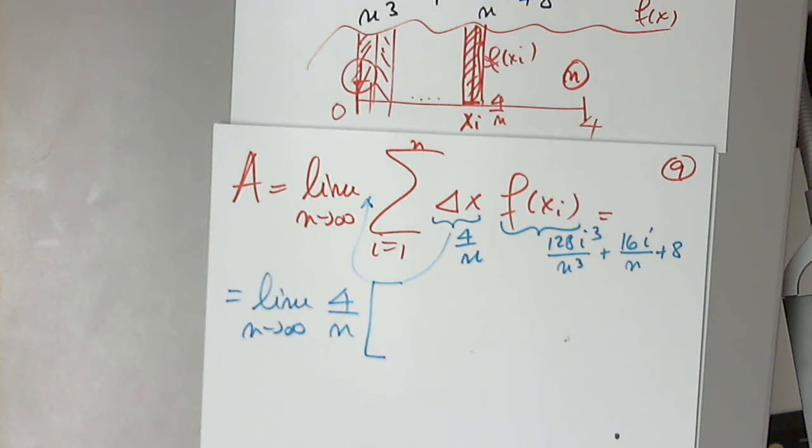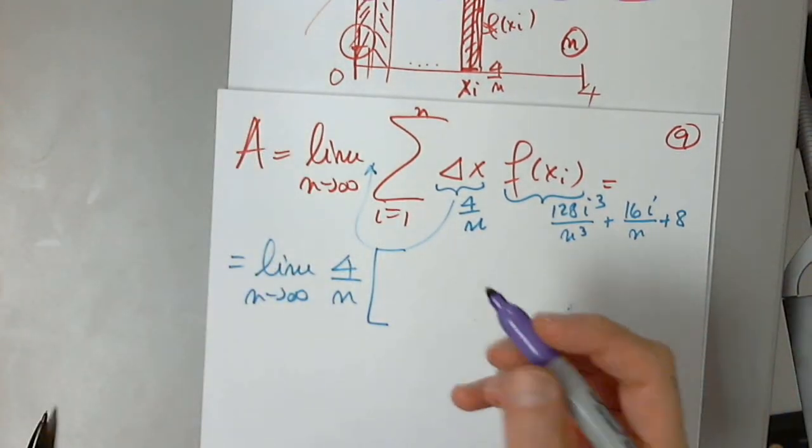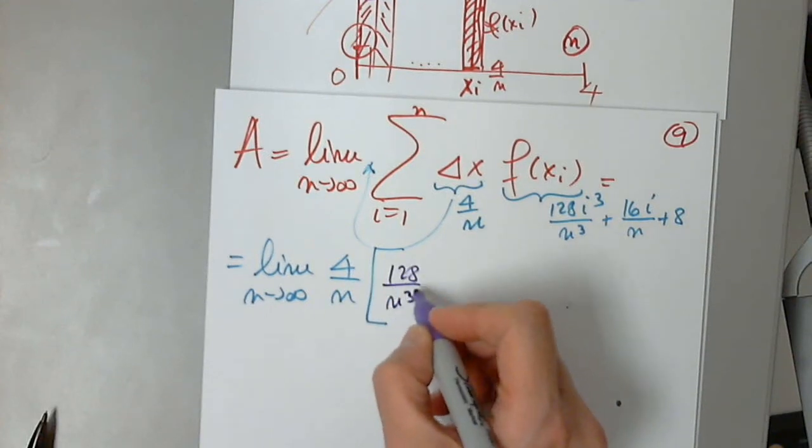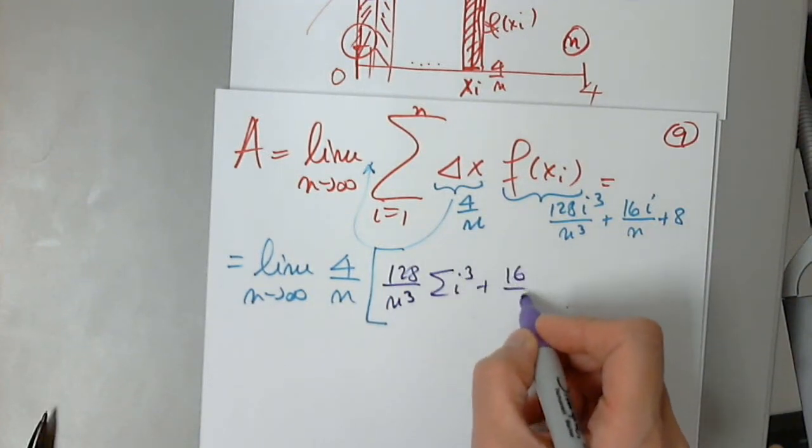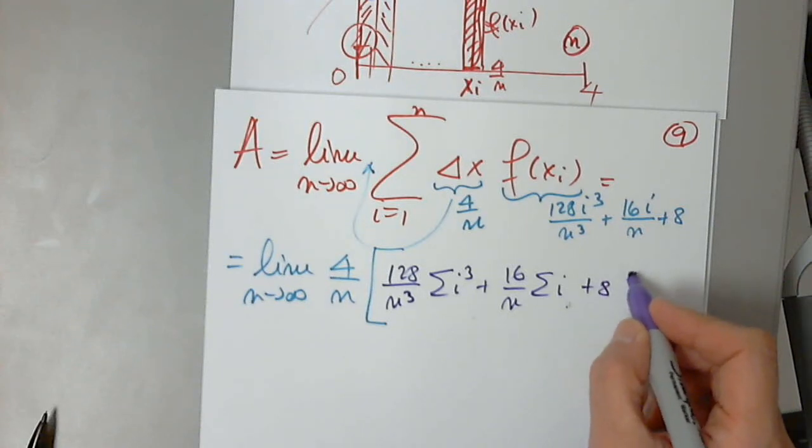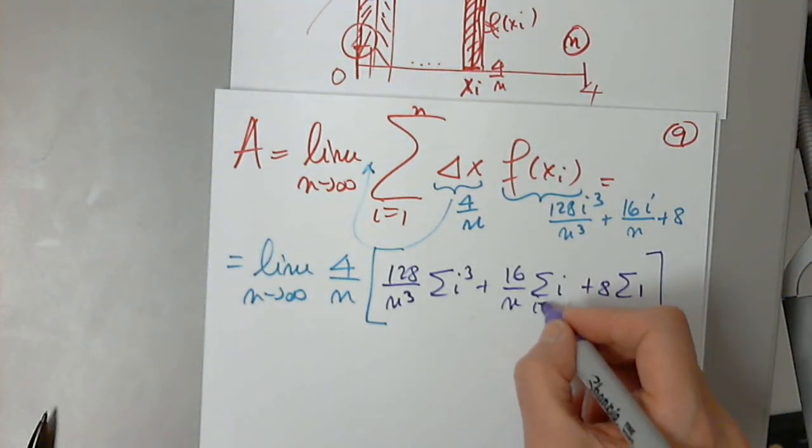I can try to cut back on writing by putting the factor in front of the sum of i cubed, then put the factor in front of the sum of i, and then put 8 in front of the sum of 1. If we don't see this, I will write it out. You tell me. I'll write it and you'll say yay or nay. 128 over n cubed, the sum of i cubed, plus 16 over n, the sum of i, plus 8, the sum of 1, from i equals 1 through n.